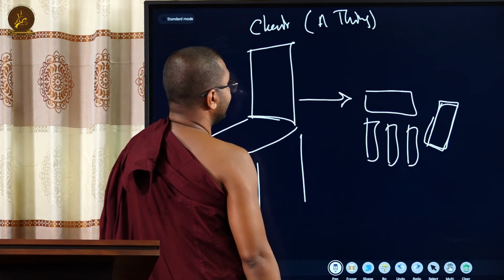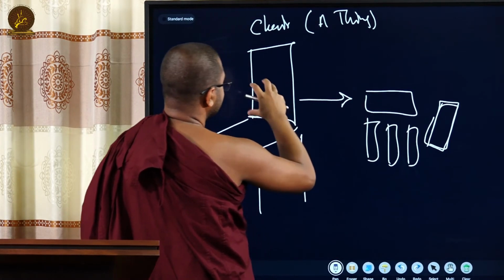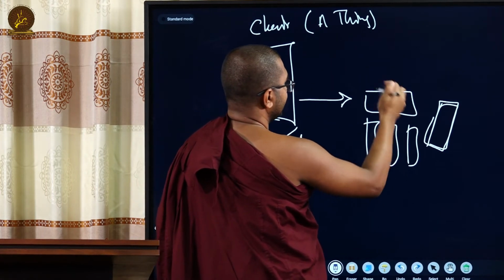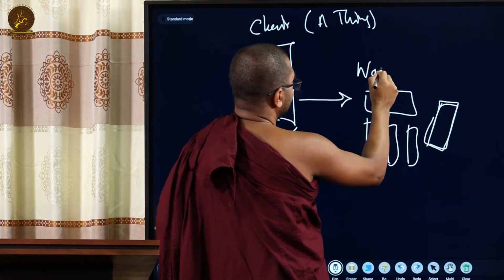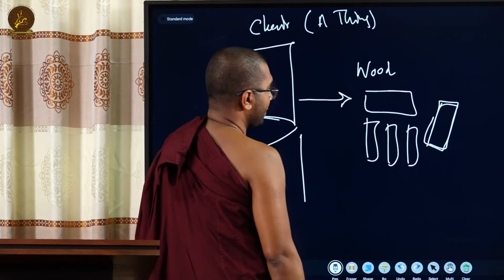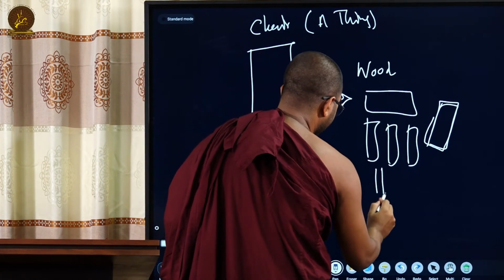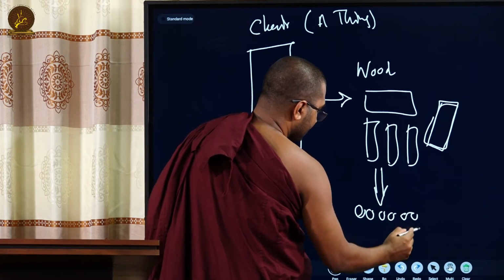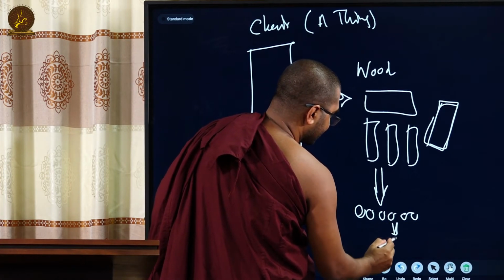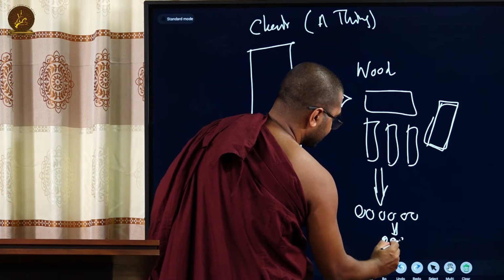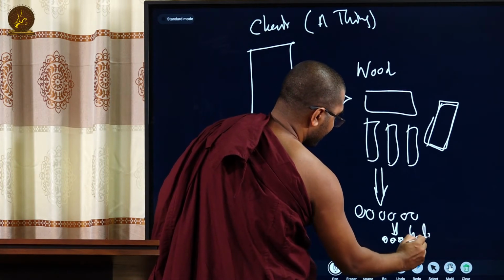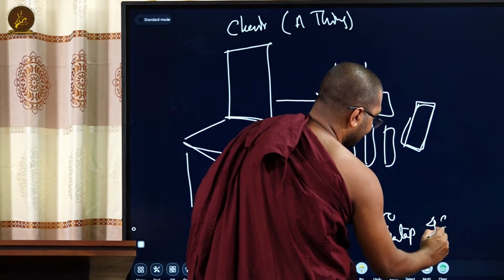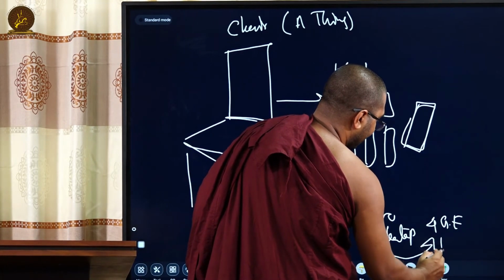So the chair can be reduced into its components. This is a wood part. Then this wood can also be reduced into particles. These wood particles can be reduced into kalapas, much smaller ones. Kalapa can be reduced into the four great elements and the derived matter.